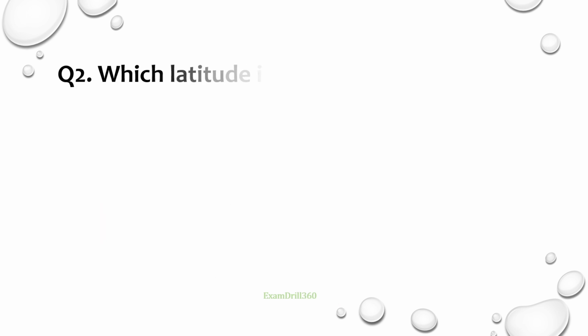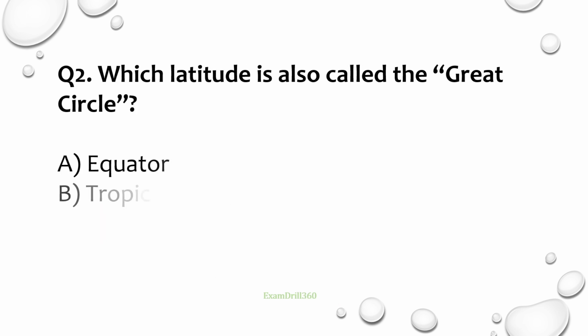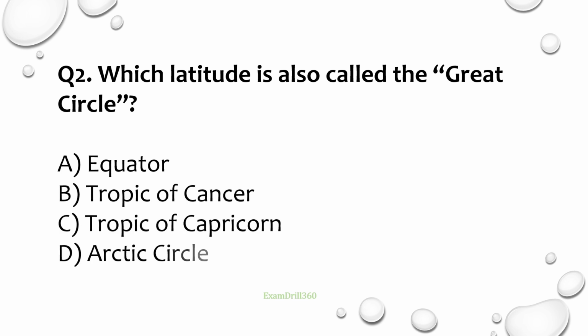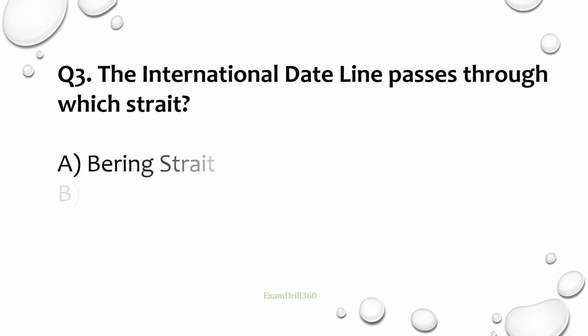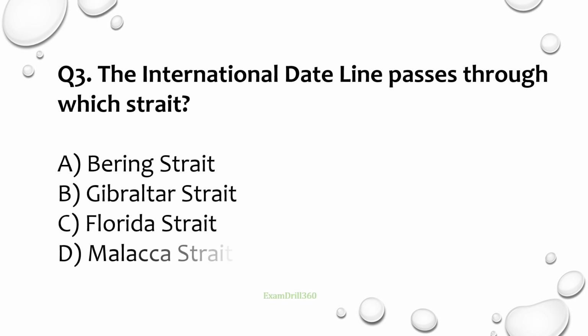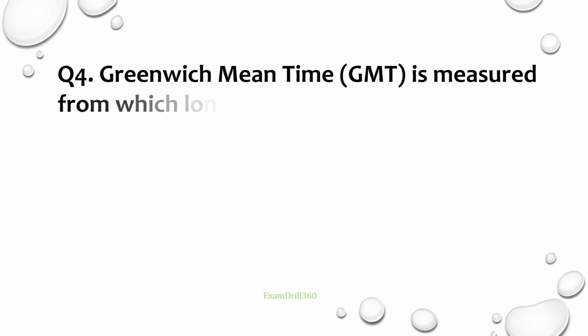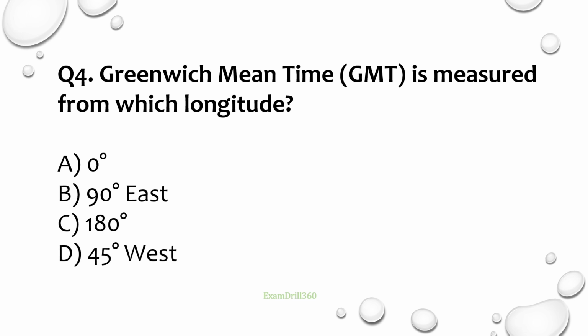Next. Question number 2. Which latitude is also called the Great Circle? We discussed already. The correct answer is equator. Question number 3. The international date line passes through which strait? Correct answer is Bering Strait. Question number 4. Greenwich Mean Time is measured from which longitude?